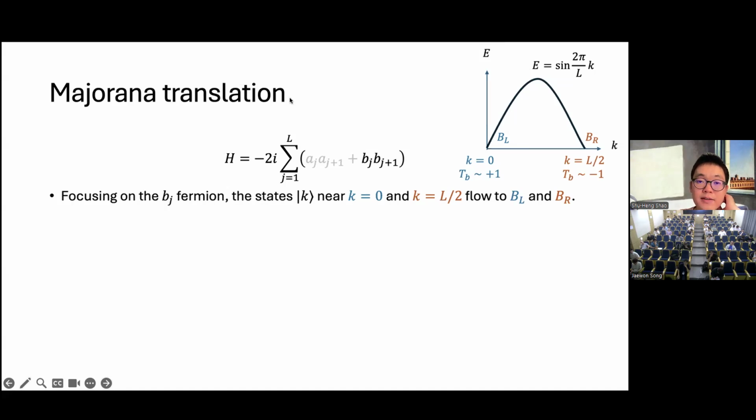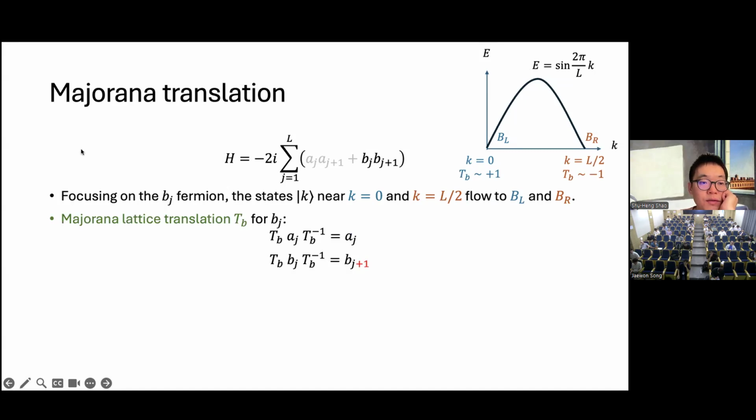What we want is something that only flips B right. And the answer is given by a Majorana lattice translation. This operator I denote by T_B. T stands for translation. B stands for the fact that this operator only shifts the B Majorana fermion by one site, but it doesn't shift the A Majorana fermion at all.